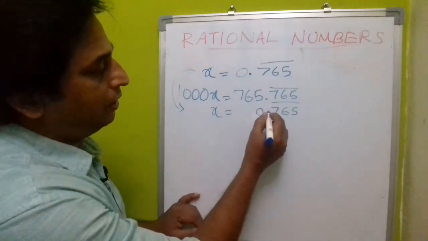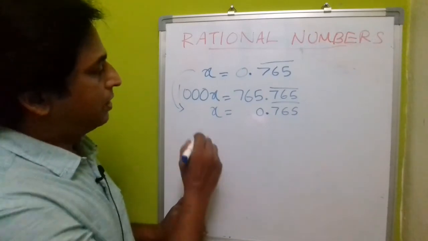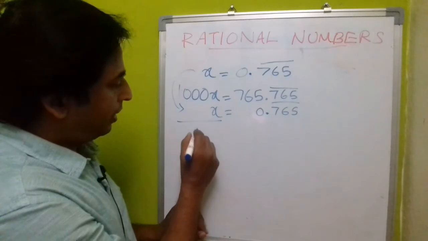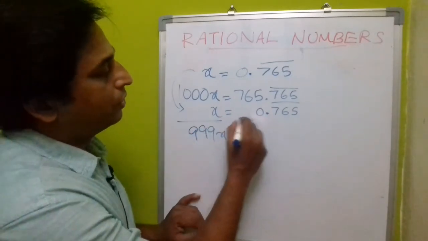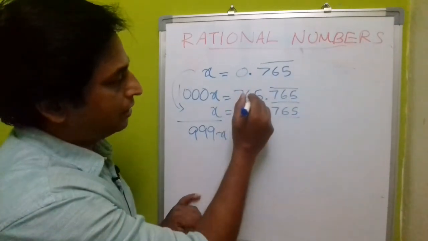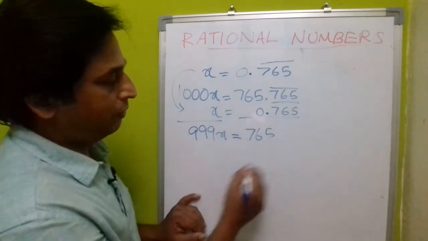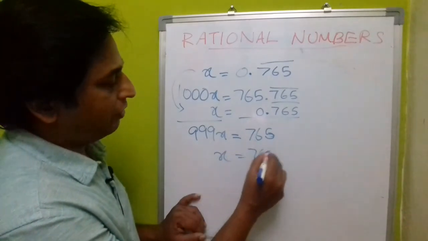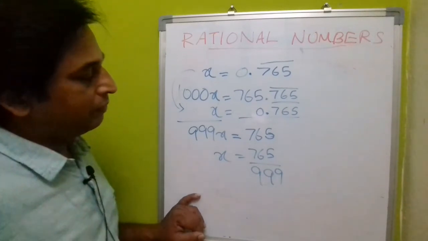Let us subtract it now. 1000x minus 1x is 999x is equal to, here the repeating portion is eliminated because that becomes 0, and the rest, 765 minus 0, is 765. Now x is equal to 765 divided by 999.